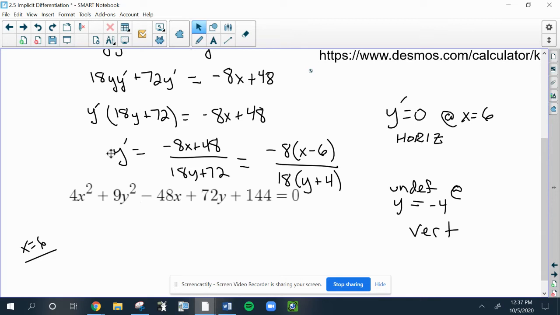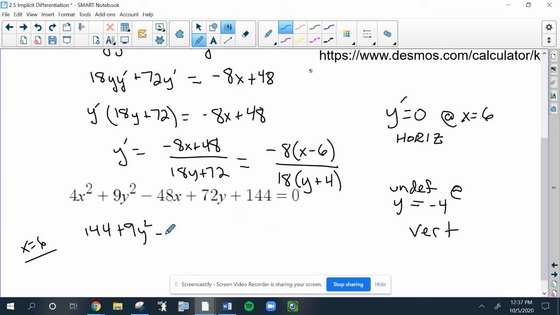So I have 4 times 36, which is 144, I believe. Grab my calculator because we're going to get into some big numbers, it looks like. 144 plus 9y squared minus 48 times 6, which is 288, plus 72y plus 144.